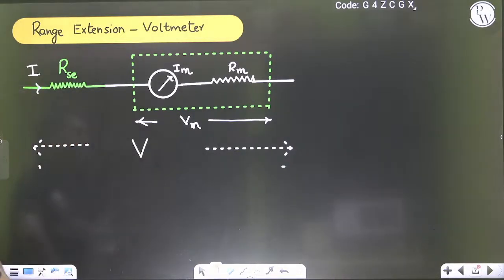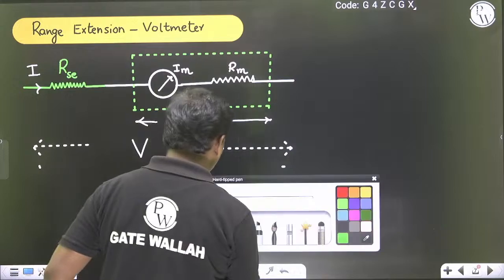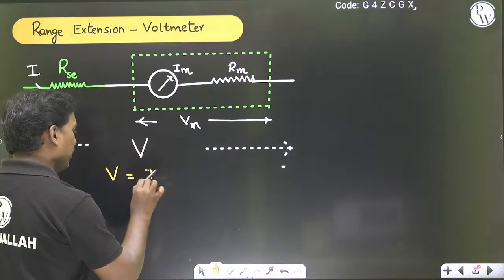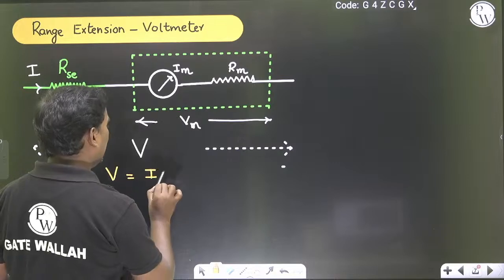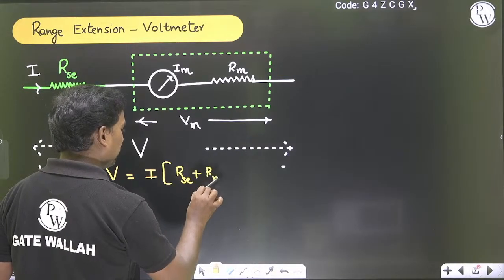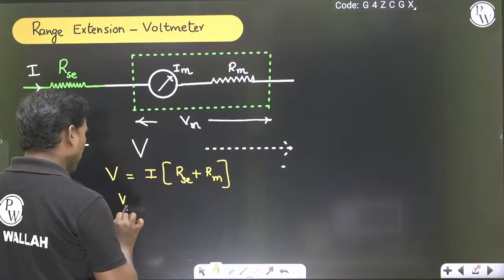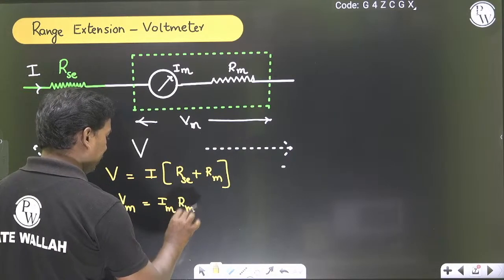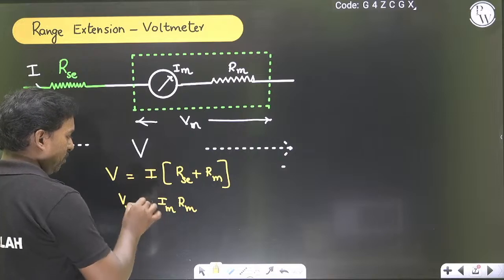Okay, so now what I can write here, the expression for V is equal to I into (RSC plus RM), and Vm will be Im into Rm. So anyway both are same.